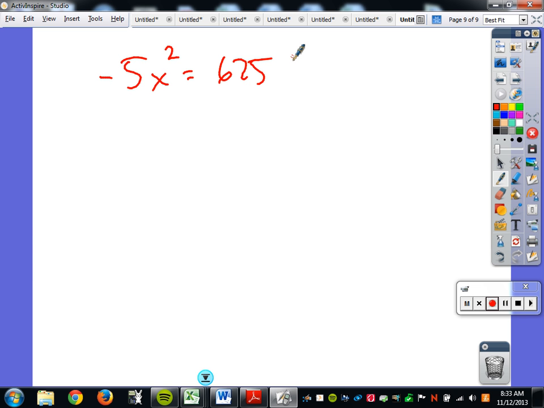Nope. What's with it? What does that say, though? Does that say negative 5 plus, negative 5 minus, negative 5 times? Would I say negative 5 plus x squared? Negative 5 times x squared? Negative 5 divide x squared? It says times. So how do we get rid of that times? Divide it. So go ahead and everybody divide negative 5 to the other side for me.